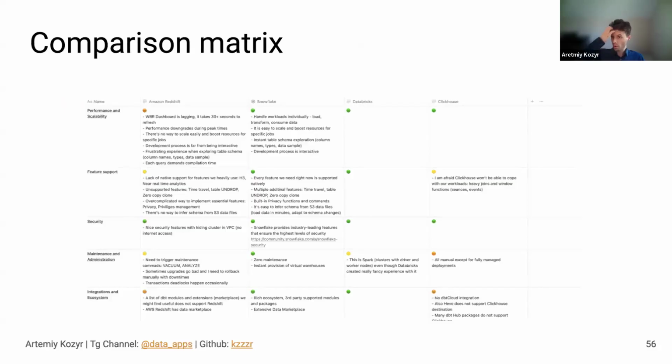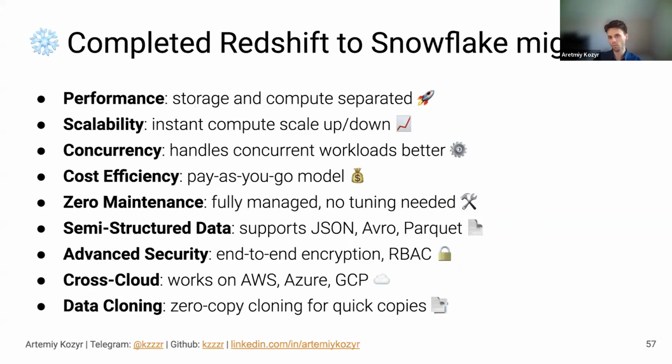So I've done my homework, my preliminary job, and I've shortlisted Amazon Redshift, Snowflake, Databricks, ClickHouse, and I've compared them on these criteria and written this down in a short version with this matrix, with lights green, yellow, orange, or red, whether it's good or bad. That's just my exercise, my background with this specific case, with these specific inputs and requirements. And I ended up with the Snowflake migration.